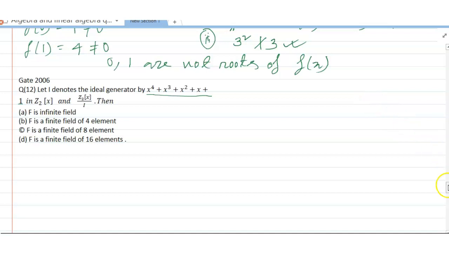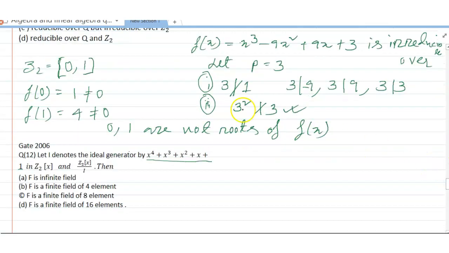This is the modulo property, so it is also 0 mod 2, but it is irreducible as 0 is not a root, so it is irreducible, not reducible.